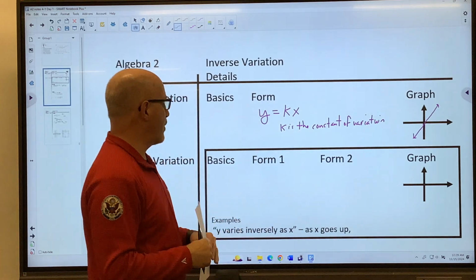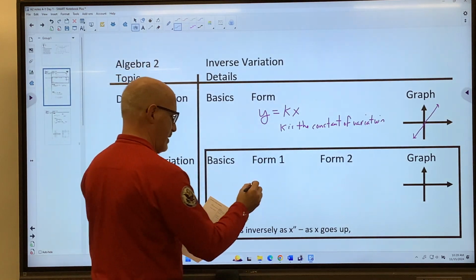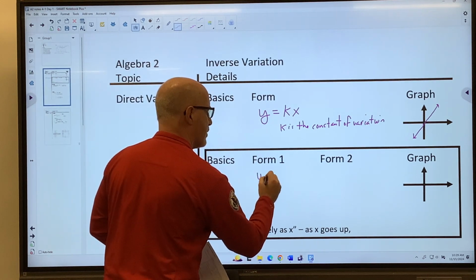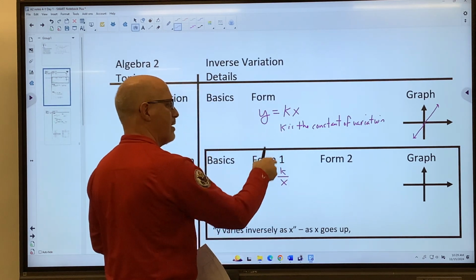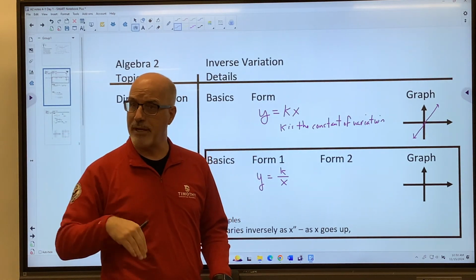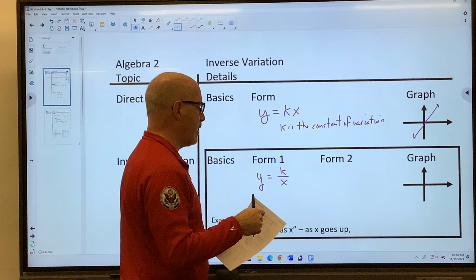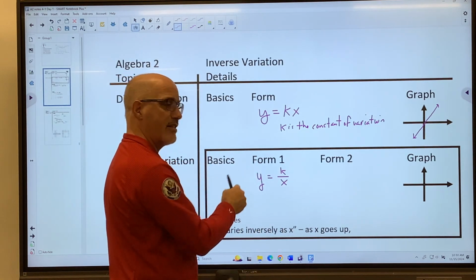So the form for the basics for inverse variation, the first form that we list this in is that y equals k over x, not times x like this one, but over x. So x is in the denominator now. Another way to write this is if you multiply both sides by x to get the x out of the denominator.